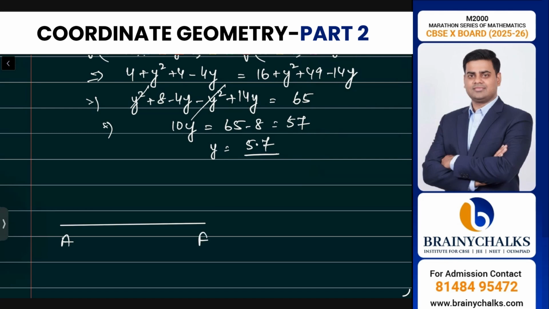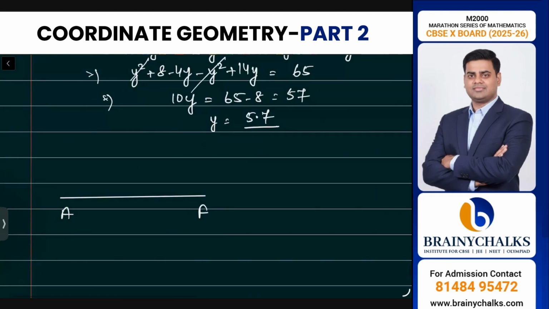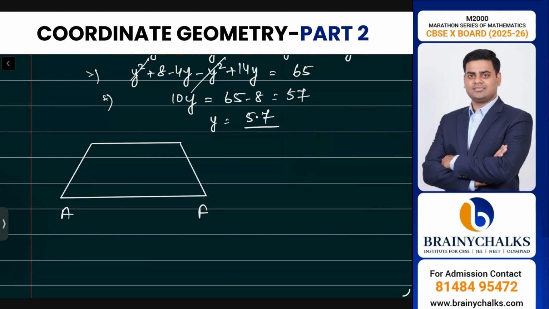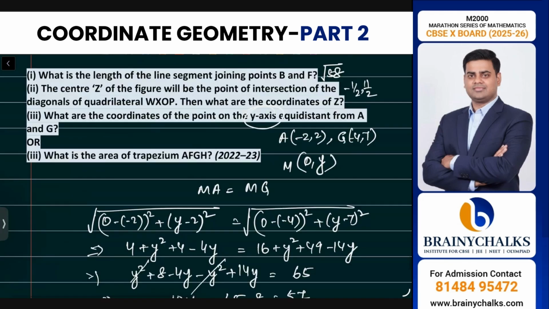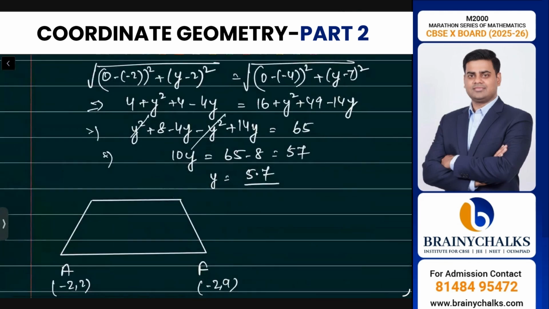AF, and on top HG. If I join these two points, A is (-2, 2), F is (-2, 9), and G is (-4, 7), H is (-4, 4).